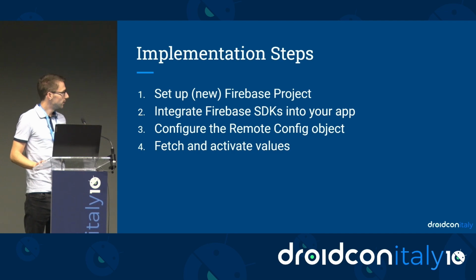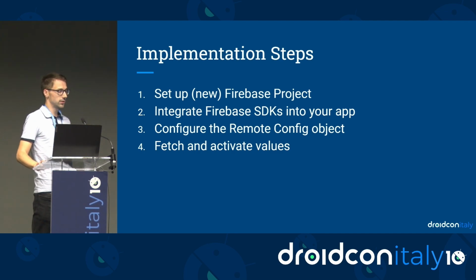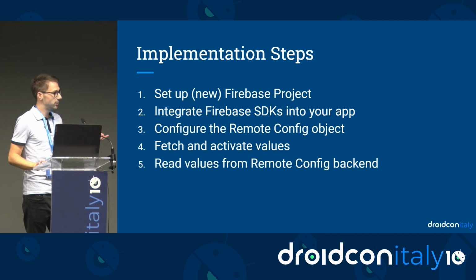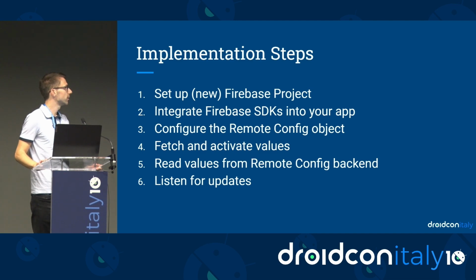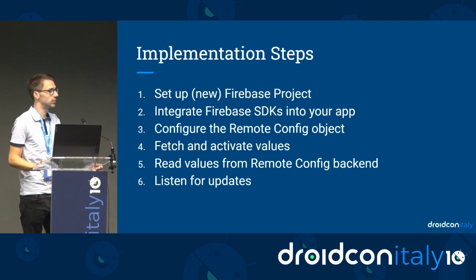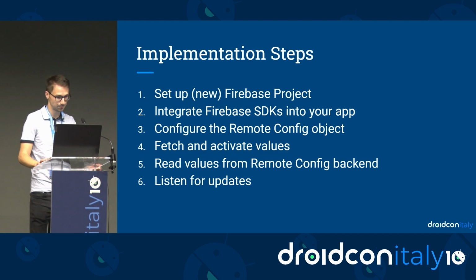Then you need to fetch and activate the values. Then you need to read the value for each feature flag from the object you've configured earlier. And then optionally, you can also listen for updates in real time. We're going to take a closer look now at every one of the steps.